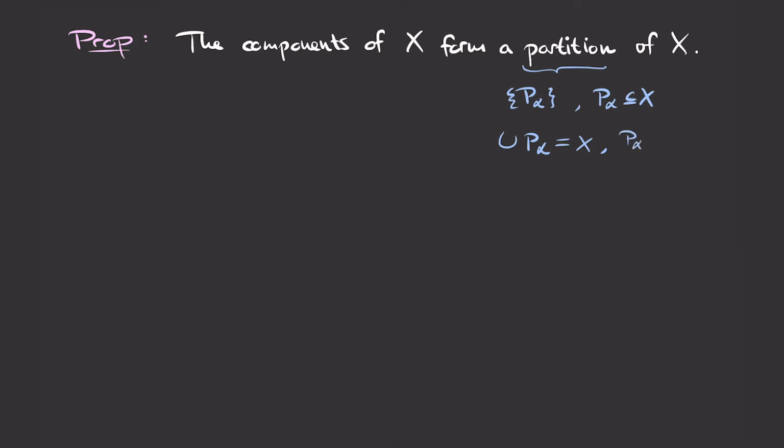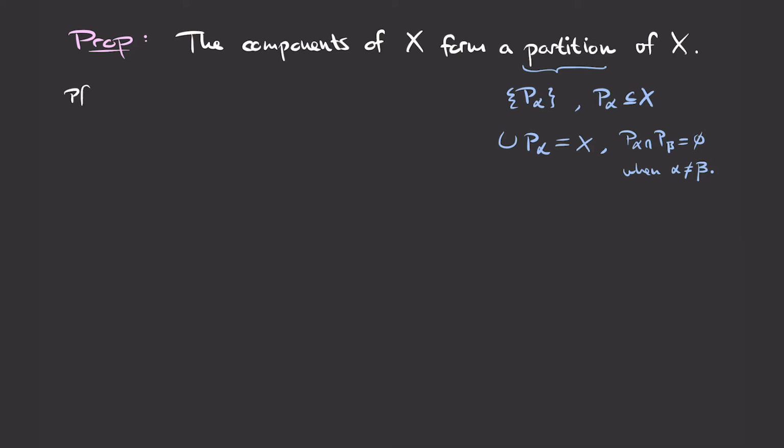So P alpha intersect P beta is the empty set when alpha is not equal to beta. Thus, intuitively, a partition is just a way of dividing up your space X into disjoint parts. And now the claim of this proposition is that the components of X are doing precisely that.